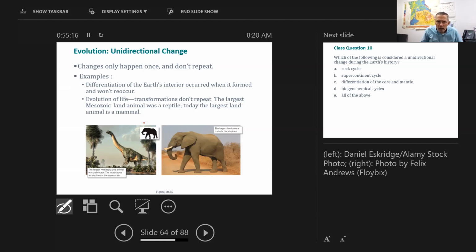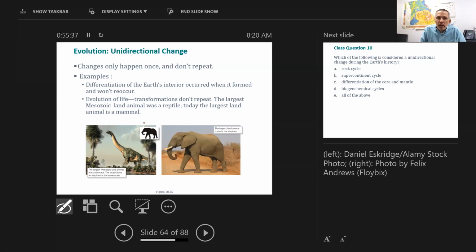Now, when we start looking at changes, some changes are unidirectional, and a good example that your book gives is the creation of the core, the differentiation of the different layers of the Earth. Once that has occurred, it's not going to mix up and happen again.